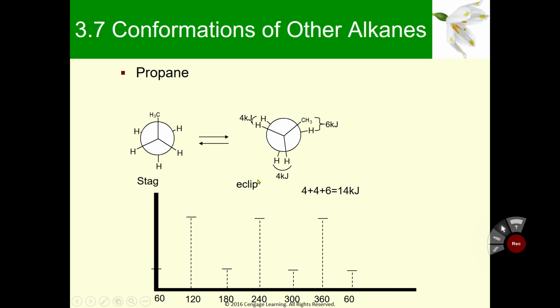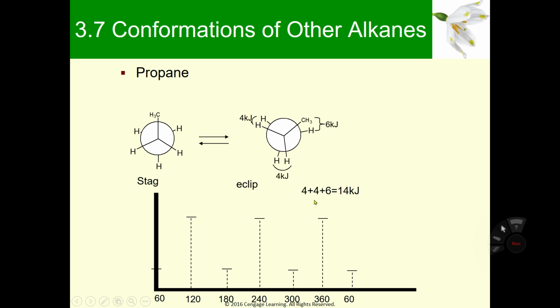This will cause 4 kilojoules of energy. But here, there is a collision between the CH3 group and CH. And the energy due to torsional strain between CH and CH3 will be higher than just CH and CH, okay? So the torsional strain between CH and CH3 is higher than 4, and it is about 6.